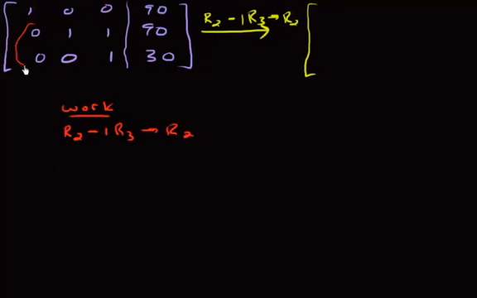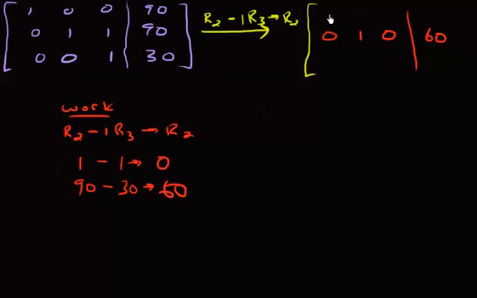All right, notice that these don't change. Once you're done with the column, you're done, so they don't change. So this will be 0, 1. All right, so now let's deal with these. So we have 1 minus this 1, and that's 0. And then we're going to have 90 minus 30, and that will be 60.